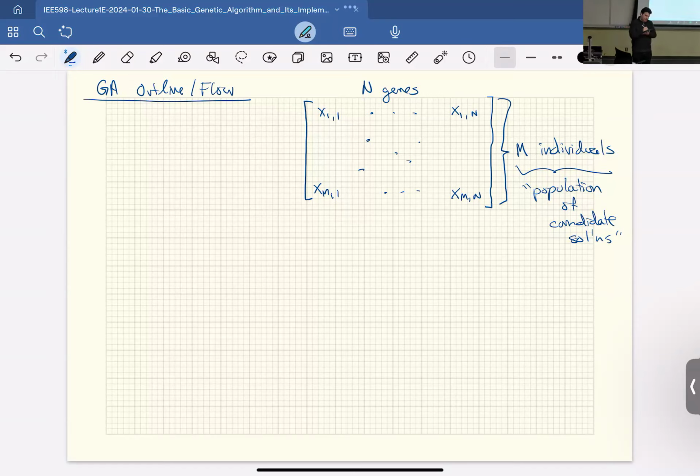Okay, so we start out with some initial population. So we're just going to generate the initial population. And you typically do this randomly.